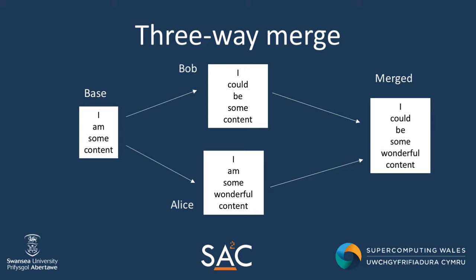A three-way merge is now really simple. I've got two endpoints that are referenced in some way. One thing I didn't show you was branches, but that's fairly straightforward. It's just a text file with the commit ID. The head is just a text file with a reference to the branch. So they're very, very straightforward.